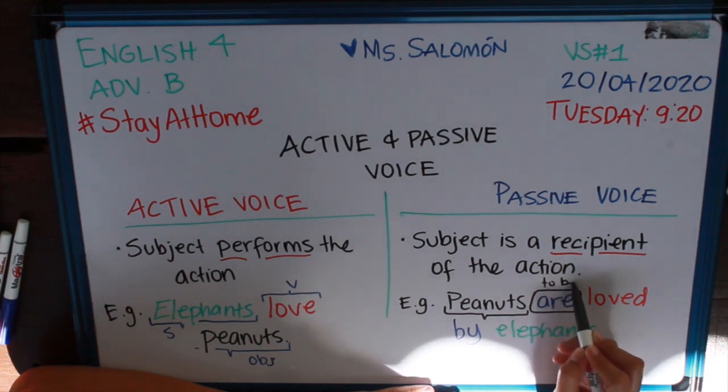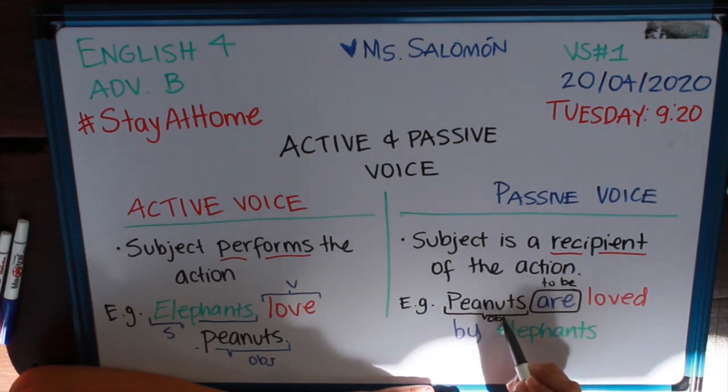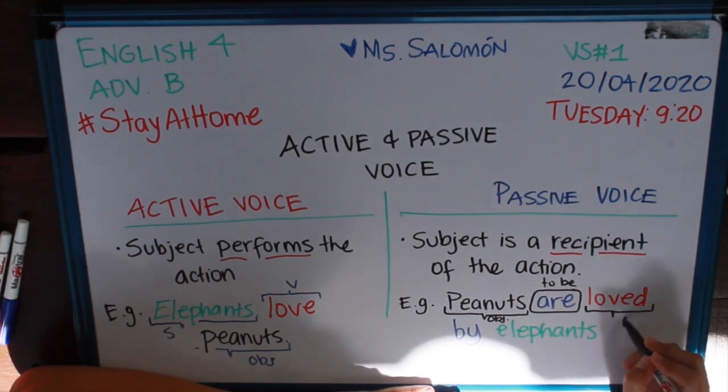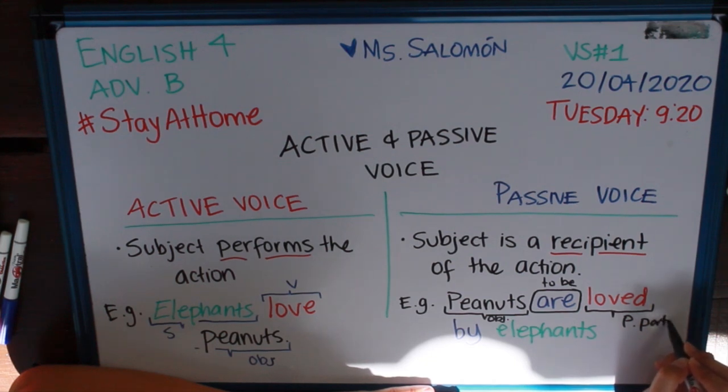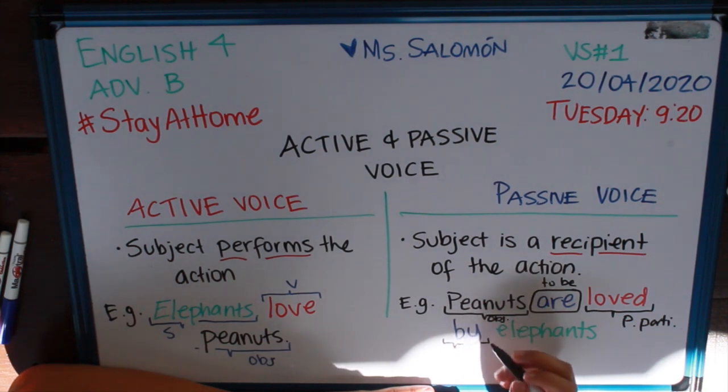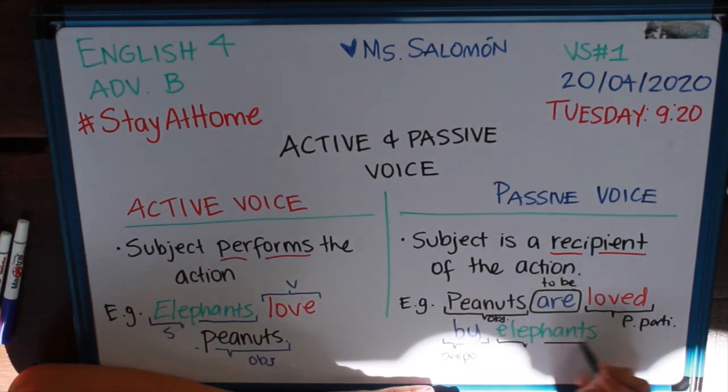This is the verb to be. This is the object. Then we would use the verb in the past participle. Usually we will need to add a preposition here. And finally, we will finish with the subject of the sentence.